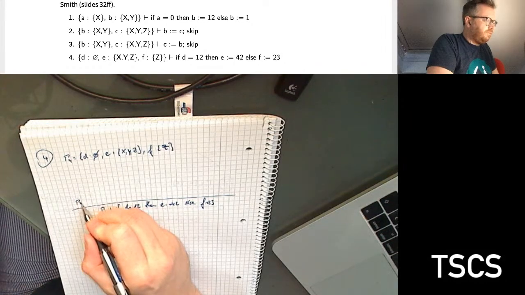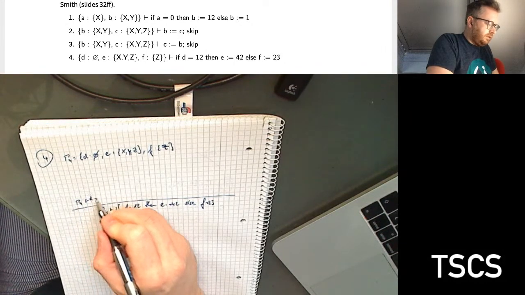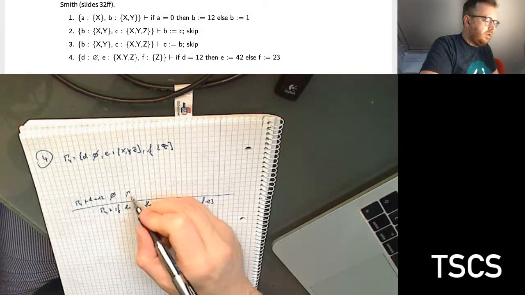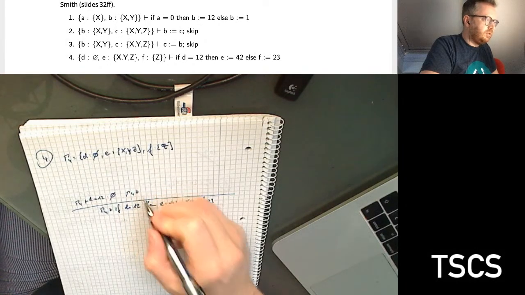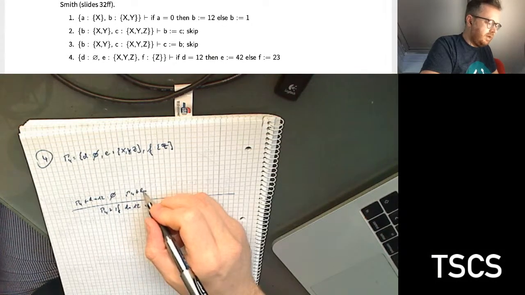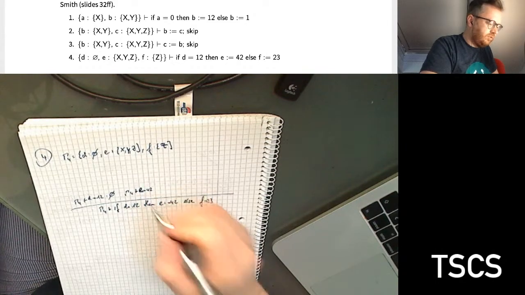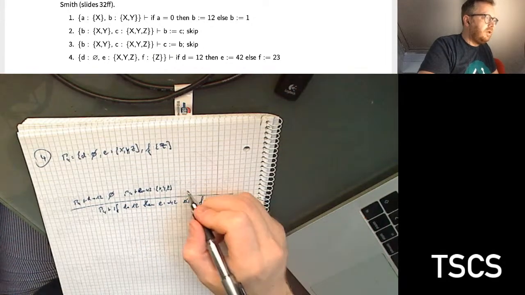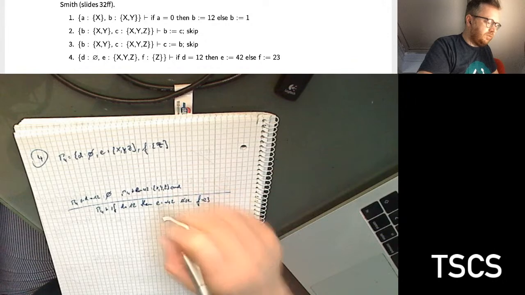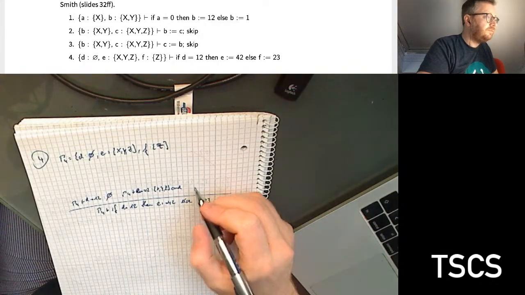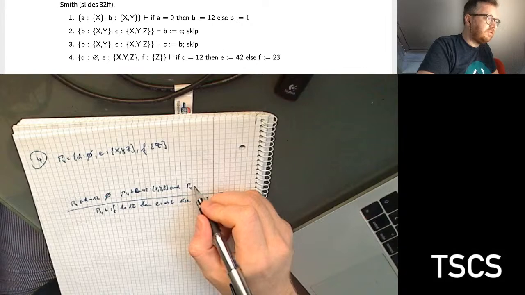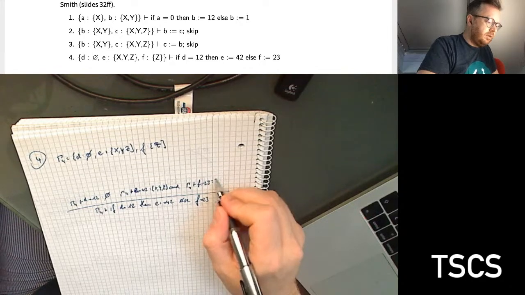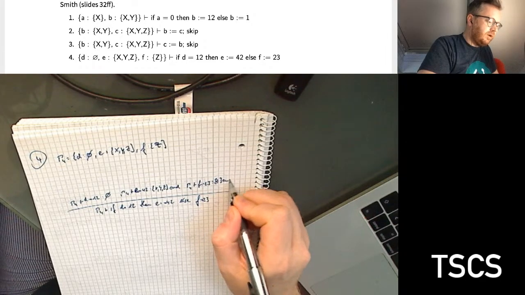Under the assumptions of gamma 4, D12 has the empty type, and under the assumptions for E42, E assigned to 42 has X, Y, and Z as its type, but as a command, because we're now assigning. And then under the assumptions of gamma 4, F is assigned 23. And this is Z command.